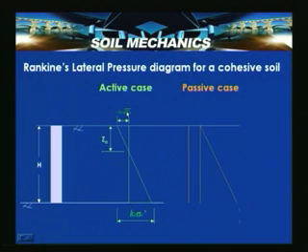In the passive case, we have 2c root Kp plus Kp sigma v. This is the equation we discussed just now, and this total length is Ka sigma v dash.